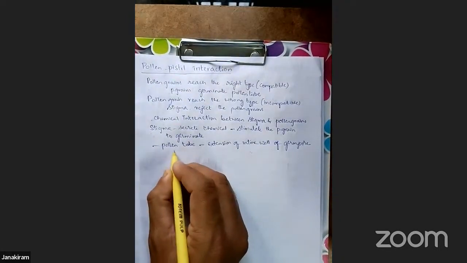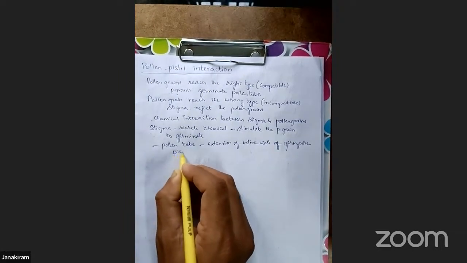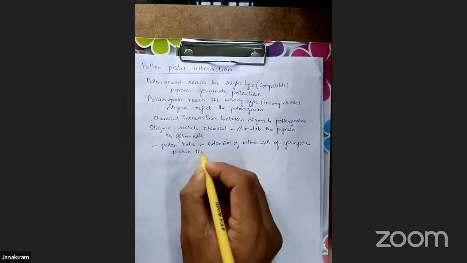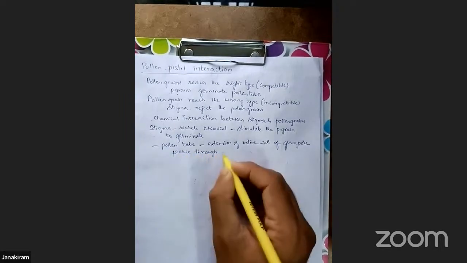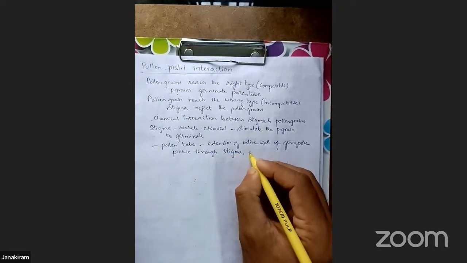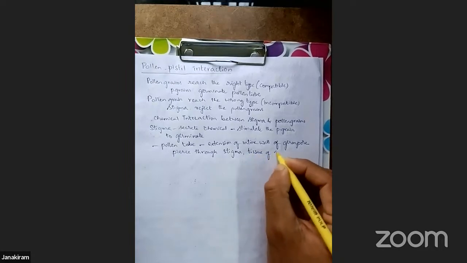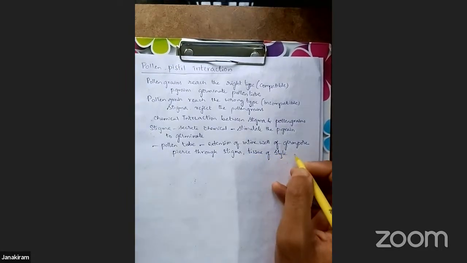And this pollen tube that has come from the pollen grain will pierce through the stigma and through the tissue of the style.